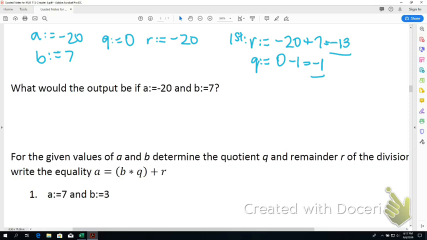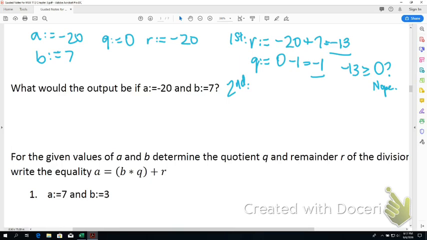What am I going to do? I'm going to check my until statement. Is R greater than or equal to 0? R, remember, is negative 13. Is negative 13 greater than or equal to 0? Nope. So I have to repeat again and go back up to 3A.